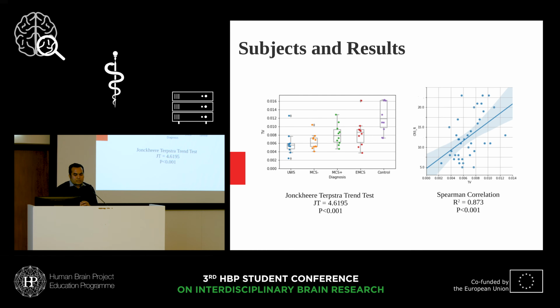Also, we correlated this measure with the CRS-R, the Coma Recovery Scale, Revised, a behavioral assessment of patients that yields a score. The higher the score, the higher the level of consciousness. It shows again that total variation increases with the level of consciousness.